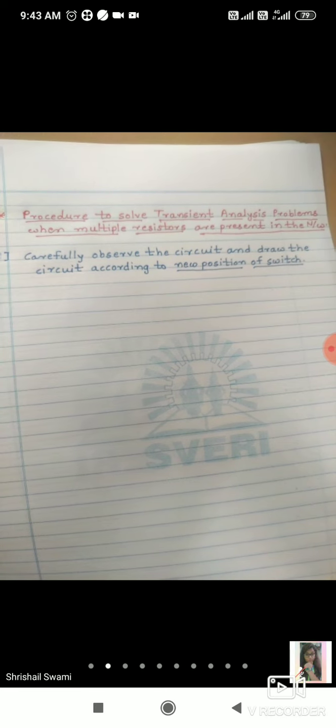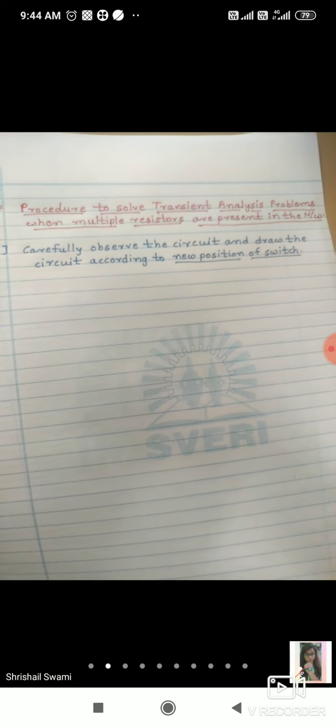So this point is very important, that is the new position of the switch. It means the switch is closed at t is equal to 0, or the switch is moving from position A to position B, or the switch is opened at t is equal to 0.